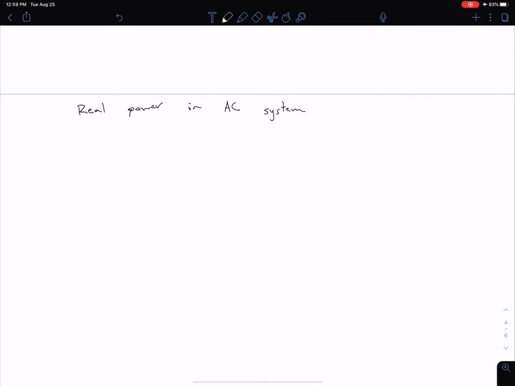the equation for that was, and so we can say that's going to be our power in, the real power in, is equal to the real part of our voltage phasor, RMS phasor, times the complex conjugate of our current phasor. So the little asterisk indicates complex conjugate, and we divide that by 2.